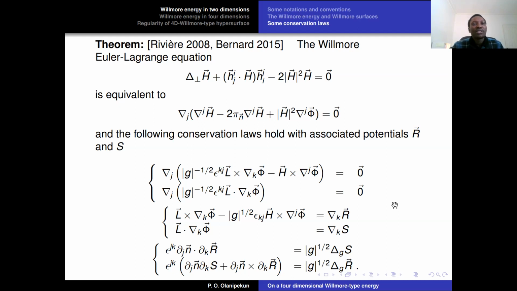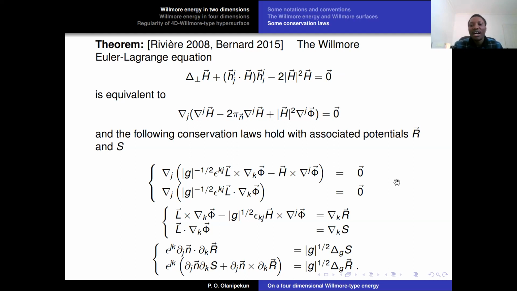So the Wente estimate gives you extra regularity information, and before you know it, you can prove regularity. But in 4D, the story is different, and that's the goal of this talk.